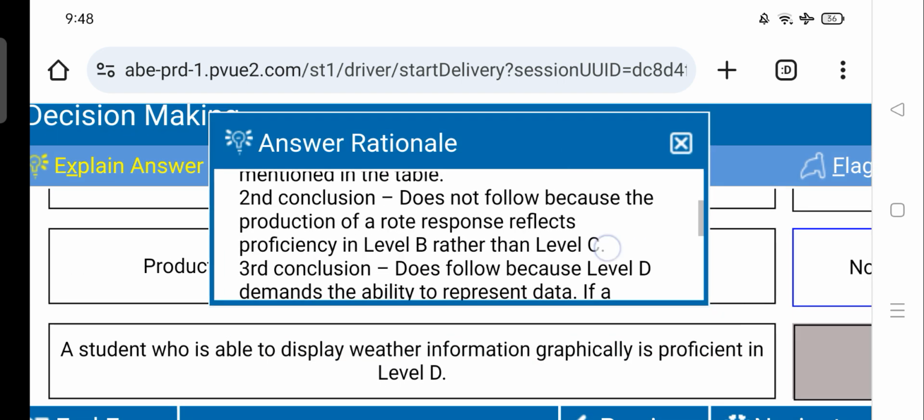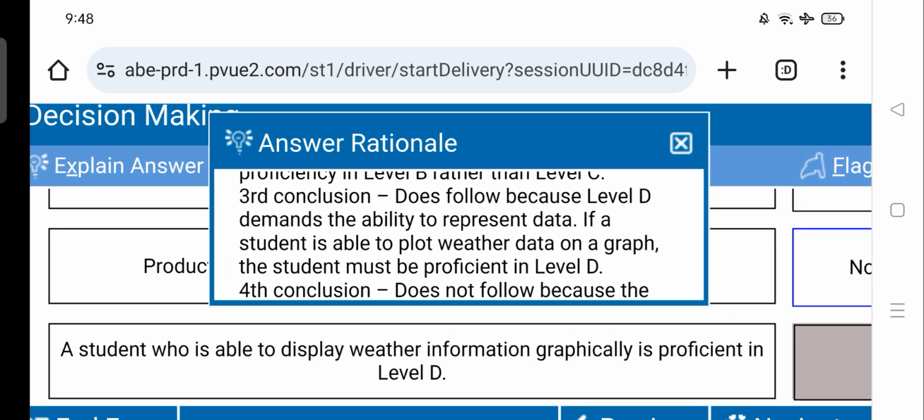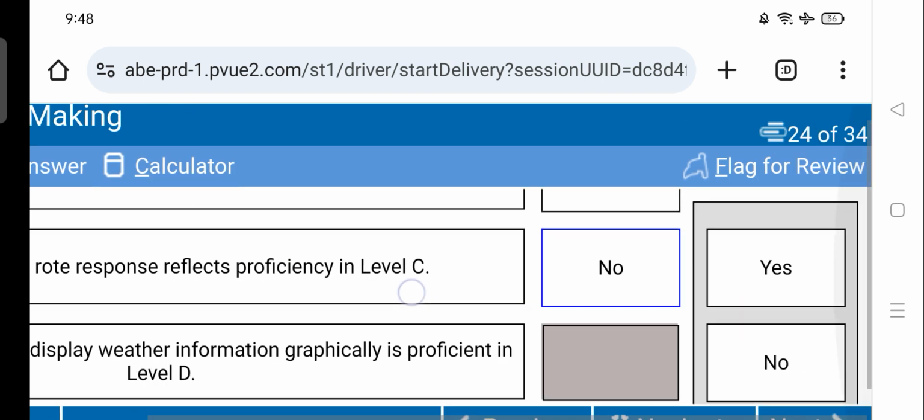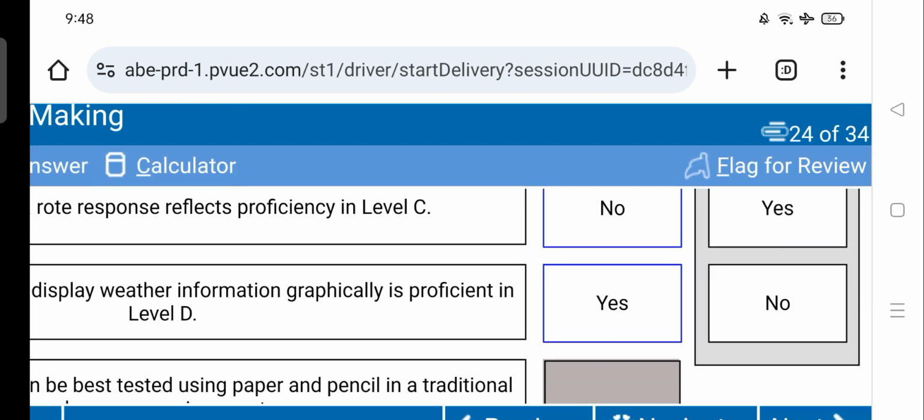The third conclusion does follow because level D demands the ability to represent data. If a student is able to plot weather data on a graph, the student must be proficient in level D. So as it does follow, it means it's a yes, so we will drop it here, a yes in that box.